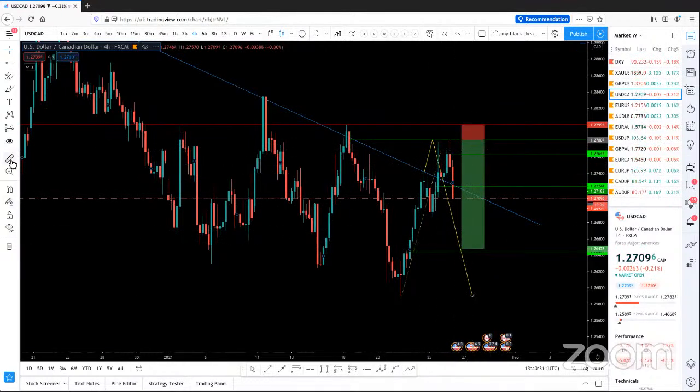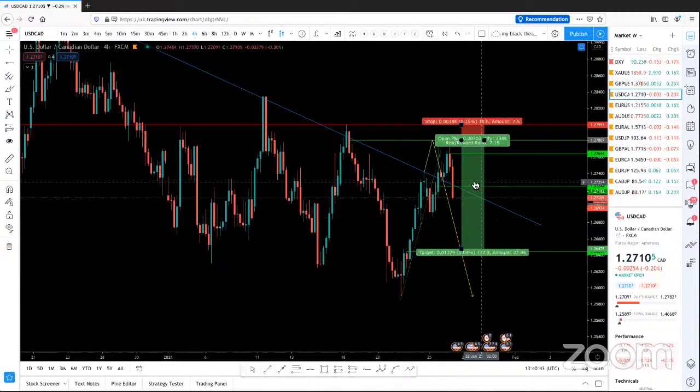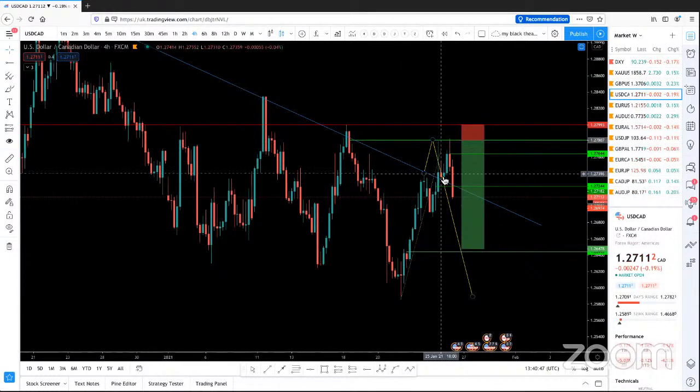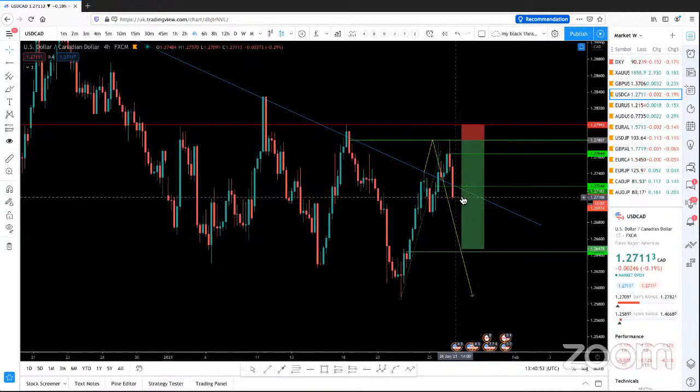Still, I'm anticipating USD CAD to run lower, another 62 pips, guys. If you're in this trade, please bring your stop loss to the entry and secure your profits, or close partials and let the trade run.